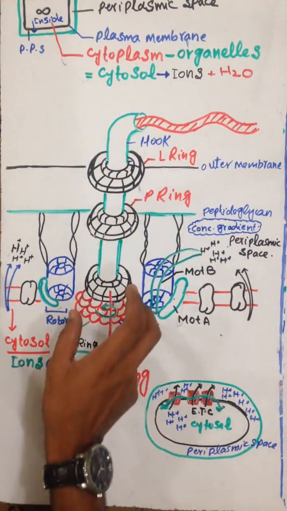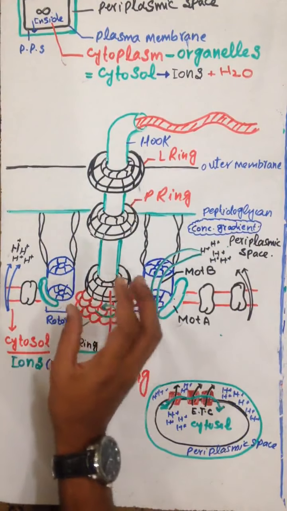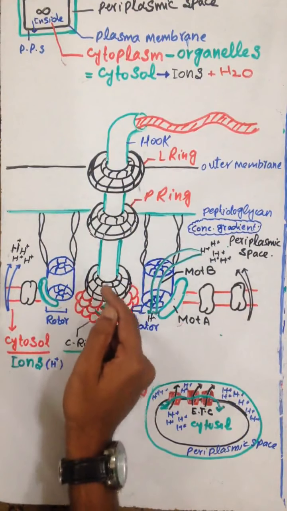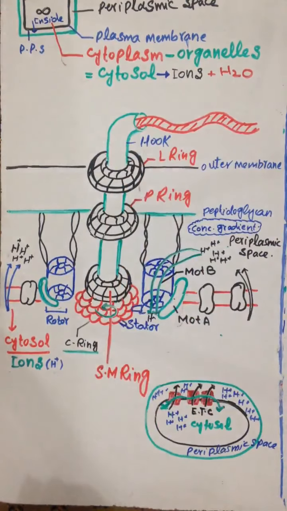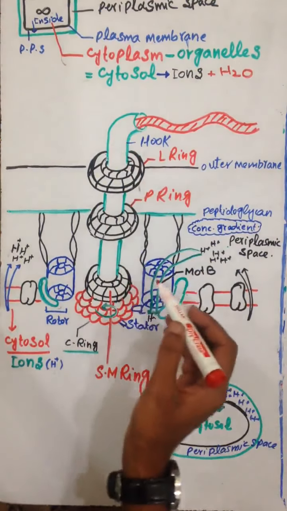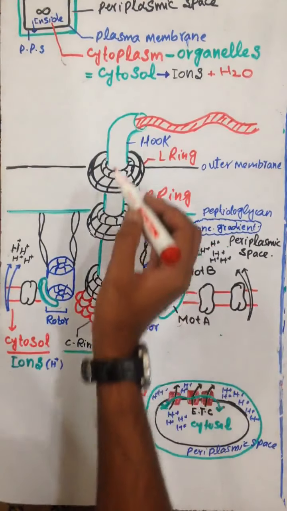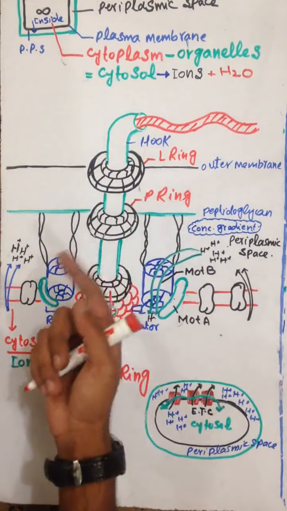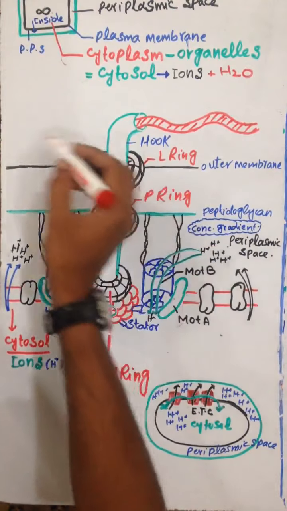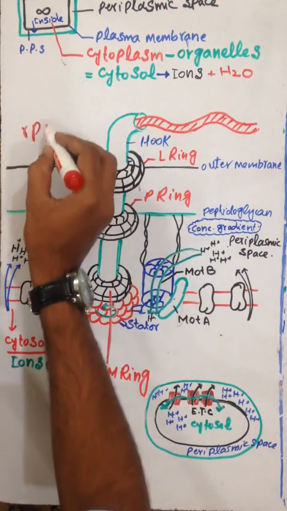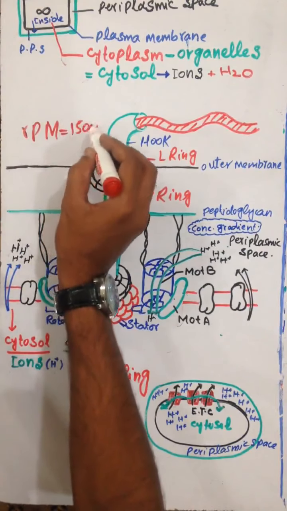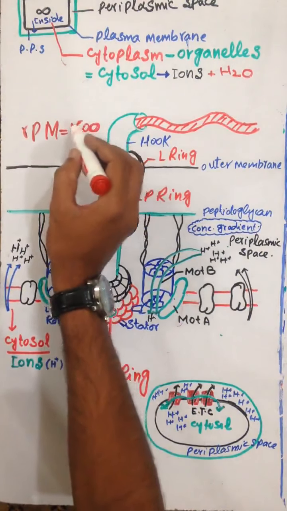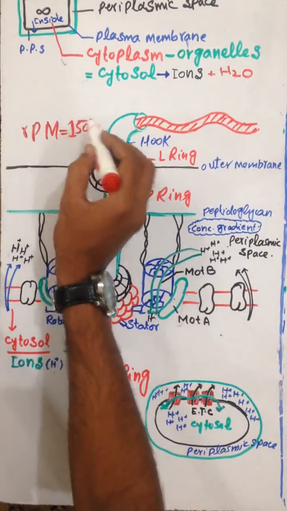So this stator will move and there will be torque production, and this torque will ultimately rotate the flagellum. So this is how a flagellum is used for rotation. By moving the hydrogen ions, the RPM, that is rotations per minute, is almost 1500 per minute. So this is an immense rotation.